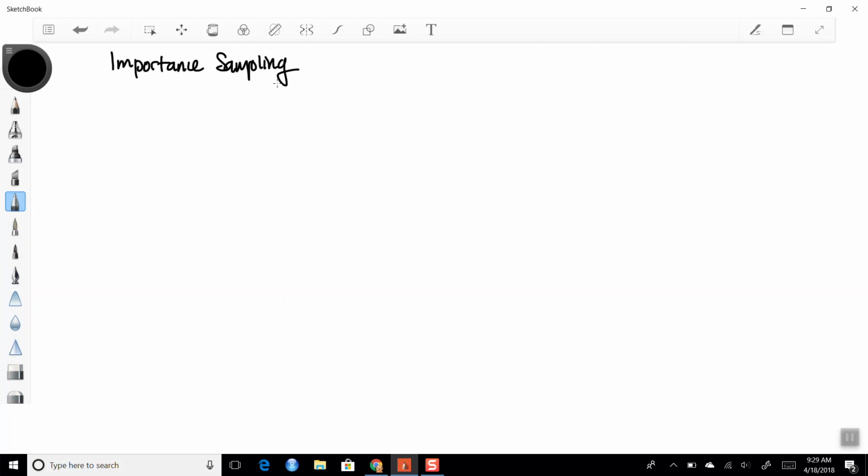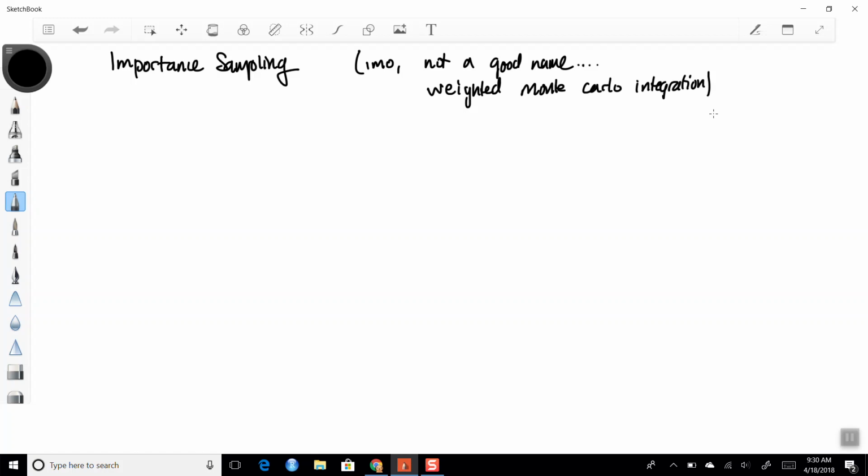Importance sampling, I don't know why we call it importance sampling, to be honest. It should be something like weighted Monte Carlo integration, which is probably a better name, because importance sampling makes it sound like we're doing random sampling or something, in my opinion.